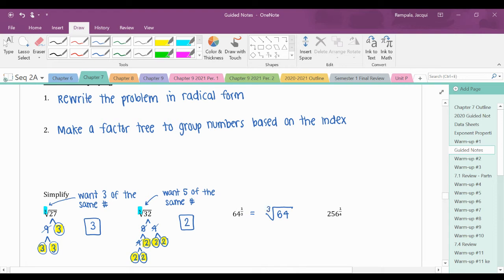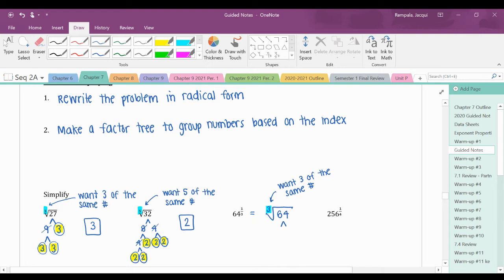That becomes the index. So now that I have it rewritten in radical form, I'm going to start breaking up the 64. And this time, my index is 3. So I'm looking for, once again, 3 of the same number.